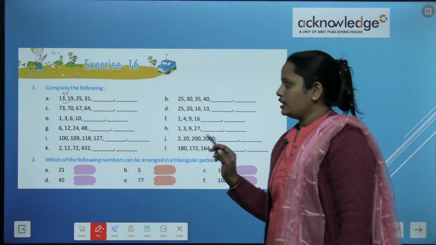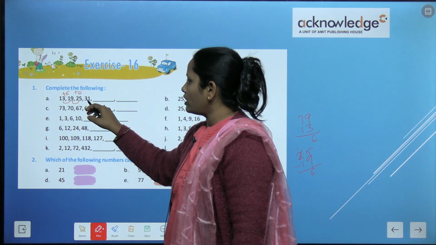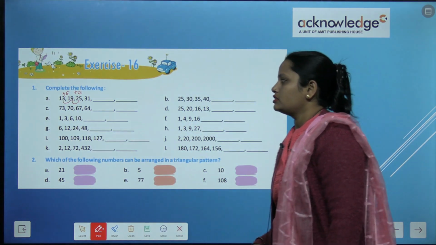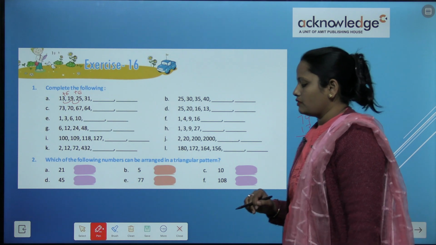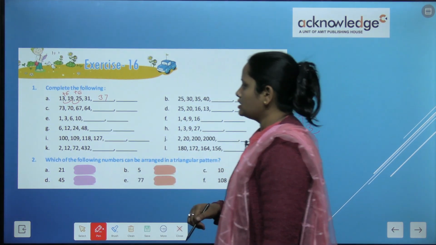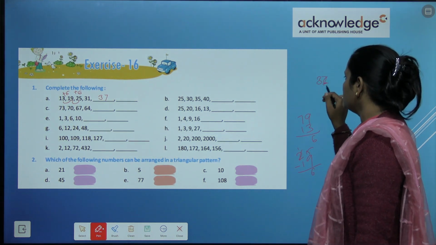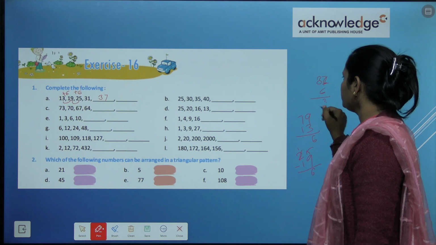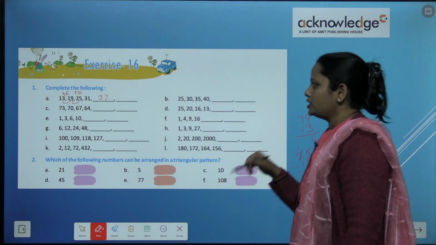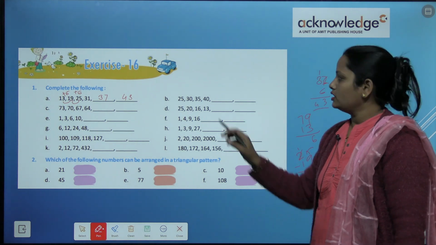Now again we are going to add 6. 19 में 6 add करेंगे we will get 25. Again 6 we will get 31. And again 6 we will get 37. And similarly when we add again 6 here, we will get 43.